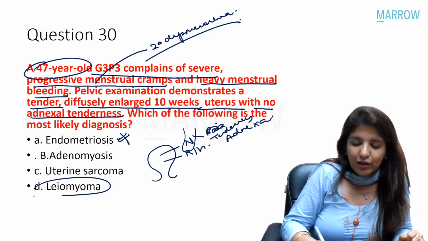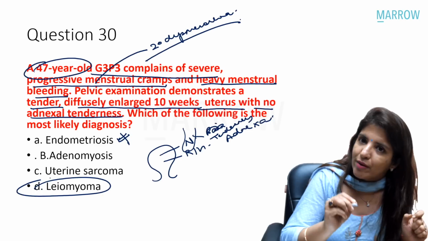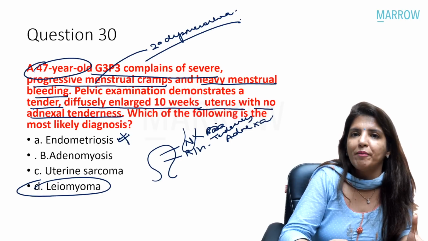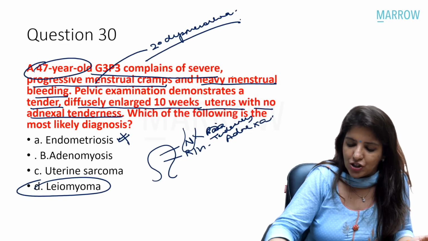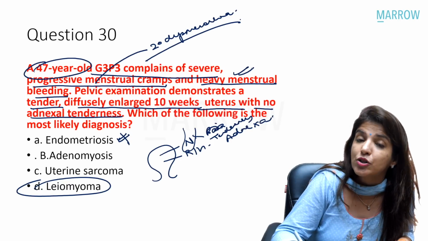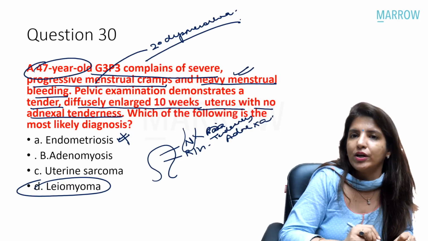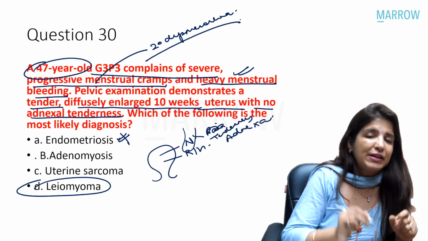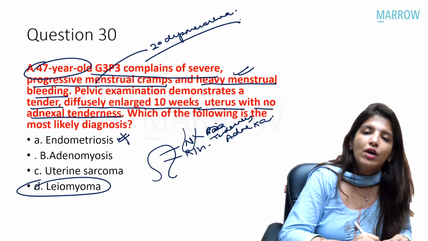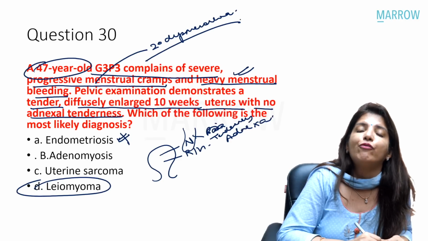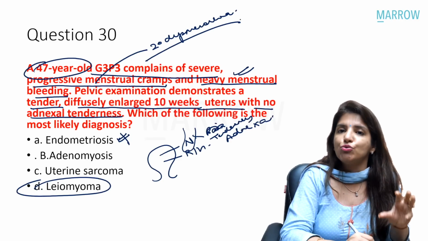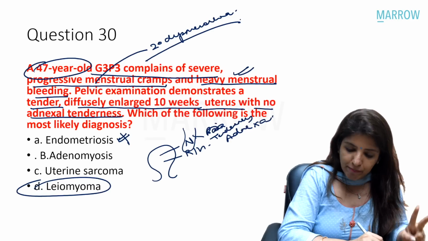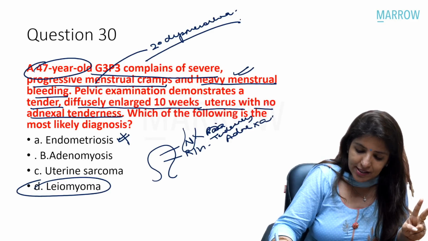Then what about leiomyoma? That is a fibroid. In fibroid also the most common complaint is excessive bleeding. Here patient is saying that yes, heavy menstrual bleeding is present, and dysmenorrhea is also a complaint in fibroid, so she could be a case of fibroid. But is she a case of fibroid? No, because here what we are getting is a diffusely enlarged uterus, number one. And number two, we are getting tenderness in the uterus.